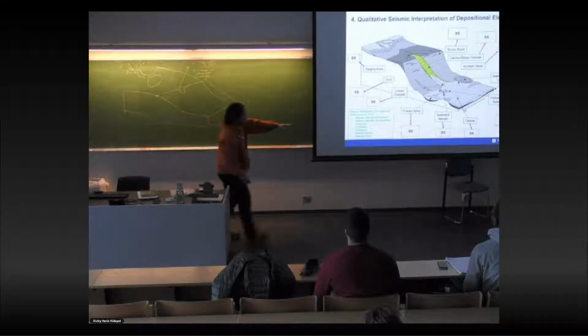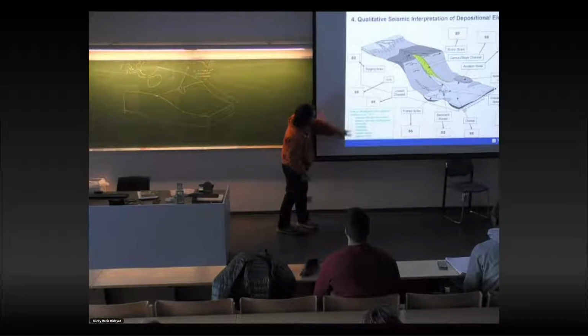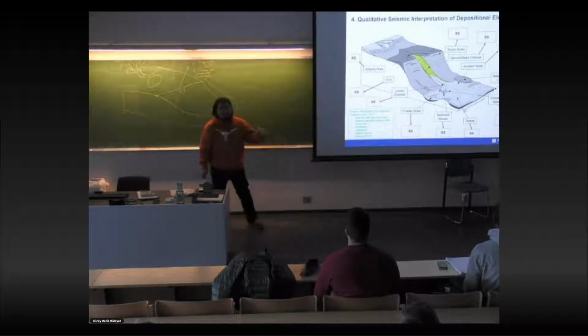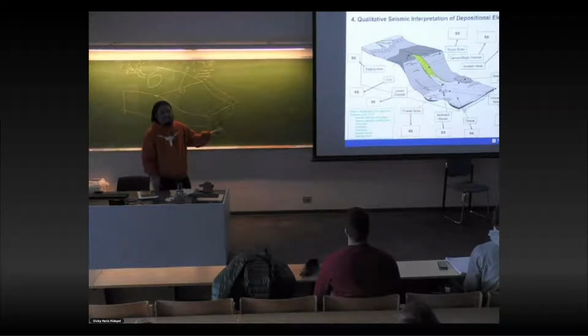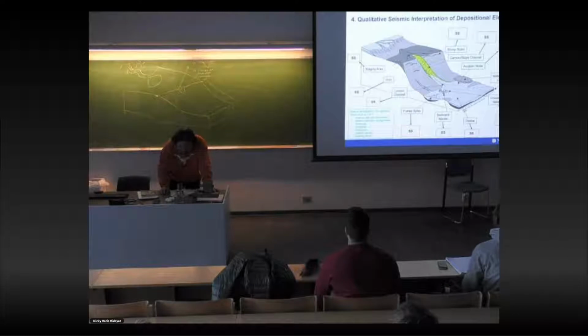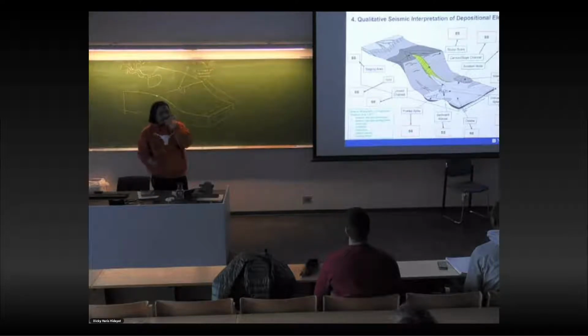Oh yeah, this is, I think, lecture number 3 about seismic facies analysis. So we try to implement the seismic facies analysis in this lecture. So amplitude, what kind of amplitude do you have? What is the definition of the amplitude?